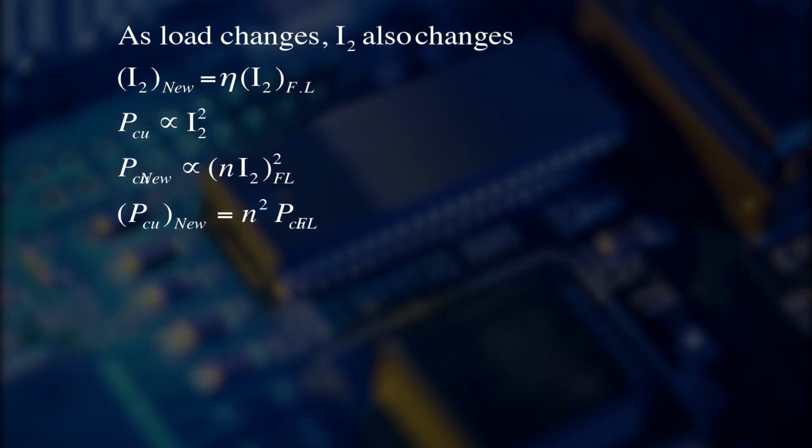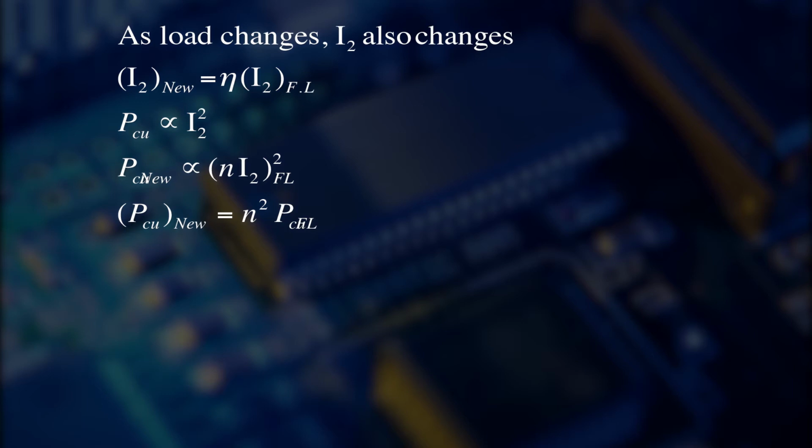So as load changes, I2 also changes. So you can say this I2 new can be written as N multiplied by the current at full load, and you know the copper losses are directly proportional to the square of the load current. So the copper losses at any load can be written as N square I2 square at full load.